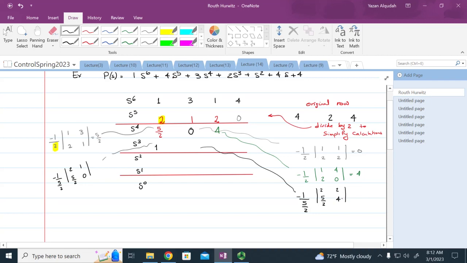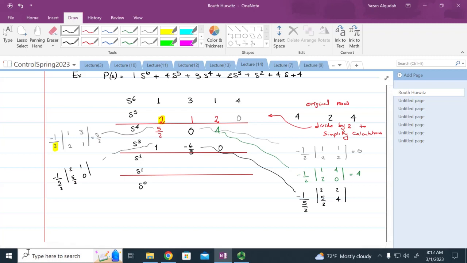So this element is going to be negative 1 over 5 over 2, and the determinant of the 2 and 5 over 2 and 2 and 4. So therefore, it's going to equal negative 6 over 5. And then we don't have any entry, so it's a 0.